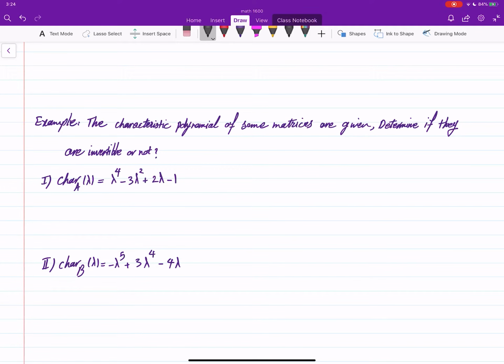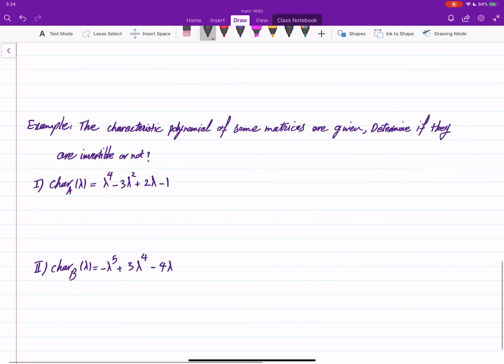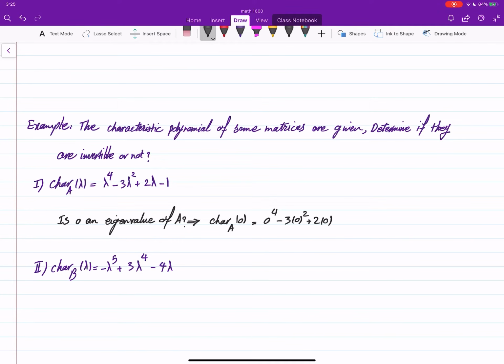So when you have the characteristic polynomial, we want to check if 0 is an eigenvalue of A or not. So is 0 an eigenvalue of A? How do I check it? Well, just plug 0 into the characteristic polynomial. Well, see, 0 to the power 4 minus 3 times 0 squared plus 2 times 0 minus 1.